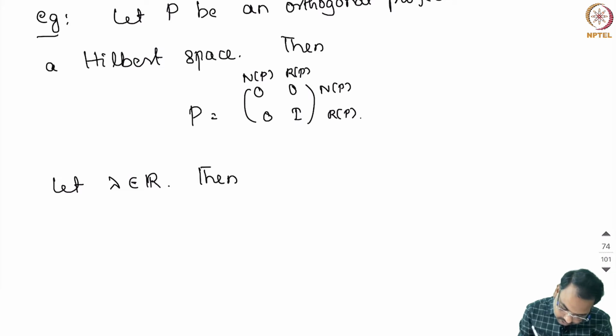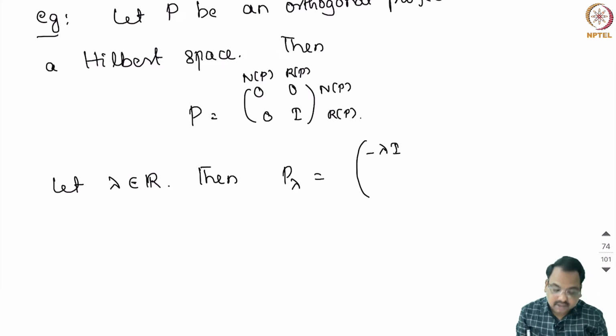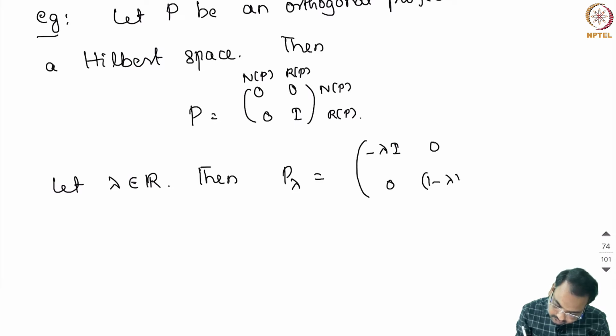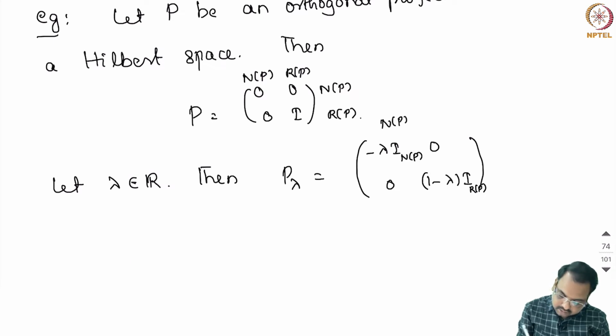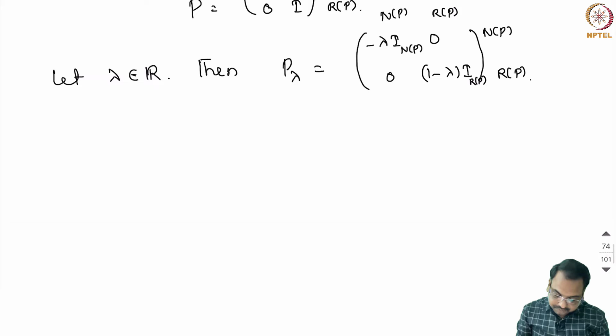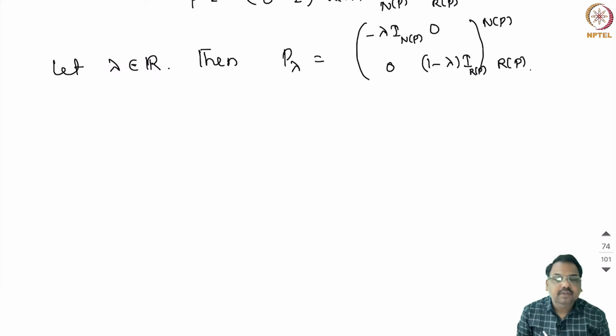Then we have P lambda, that is P minus lambda I, which is minus lambda I, this identity on the corresponding space, 0 0, 1 minus lambda I. So this identity is on the null space of P, this identity on the range of P. Now we want to look at what P lambda plus is.